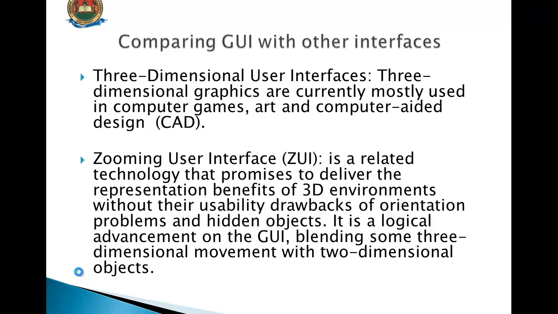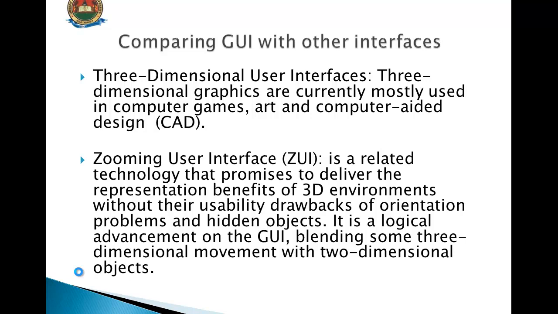If we are to compare GUI with other interfaces, there are at least two I will mention here. Apart from the graphical user interface, there is something we call the three-dimensional user interface. Most GUIs are two-dimensional, with height and width. But three-dimensional user interfaces are the ones that are mostly used today in computer games and computer-aided design, and they are more sophisticated and advanced.